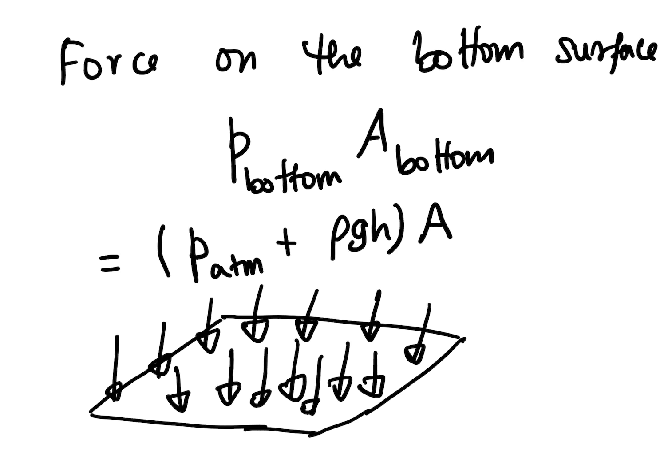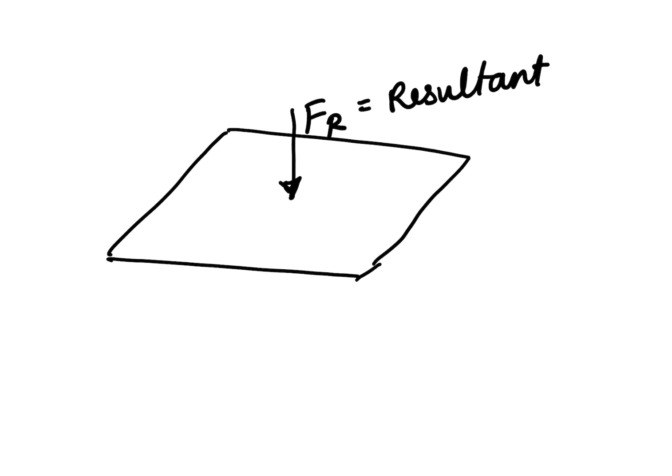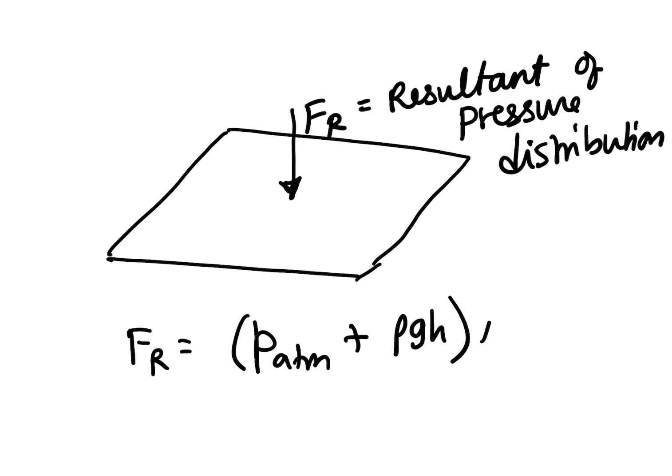So the resultant of this force acts at the geometric center, or center of mass of the pressure distribution. It acts at the center, and its magnitude is equal to P atmosphere plus rho gh times A.